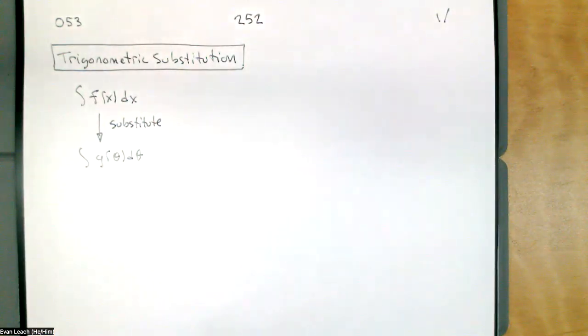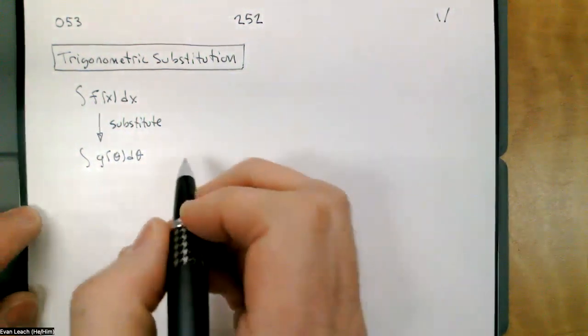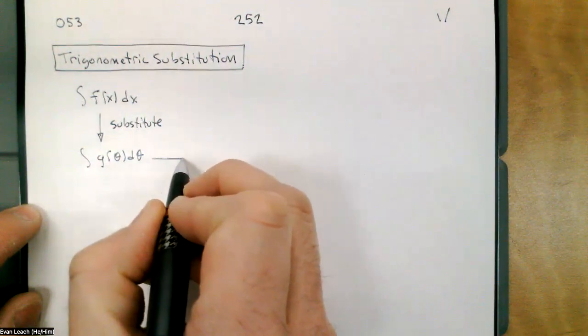Since we're talking about trigonometric substitution, let's do the recap in theta. So we do some kind of substitution to get this new integral that we know how to integrate. The point is that when we substitute into this new integral, we know how to integrate this one. And this is the environment in which we integrate.